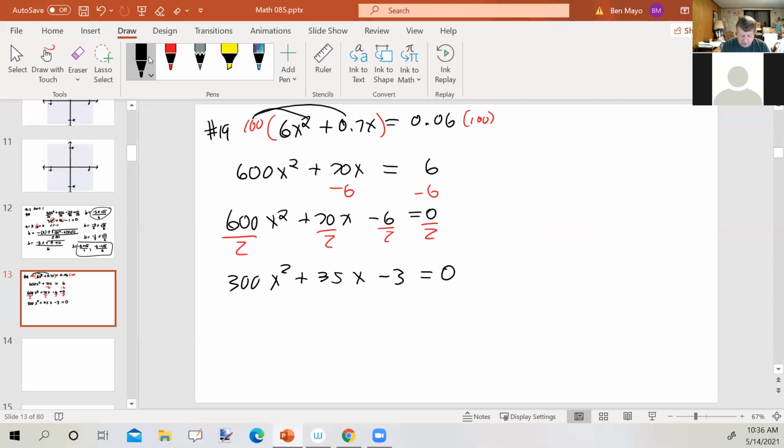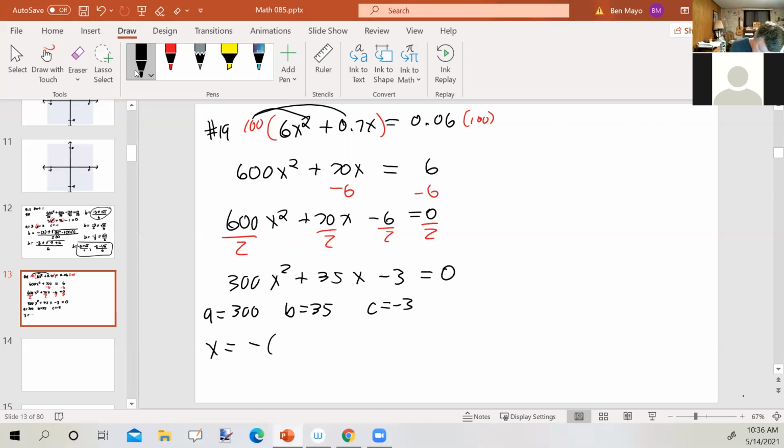We've reduced things down. Let me double check here to make sure I've done everything correctly so far. Got the problem copied correctly, multiplying by 100, 2 places, 2 places. Okay, move that over, divide by 2. Looks good. Okay, so now A is 300, B is 35, and C is -3.